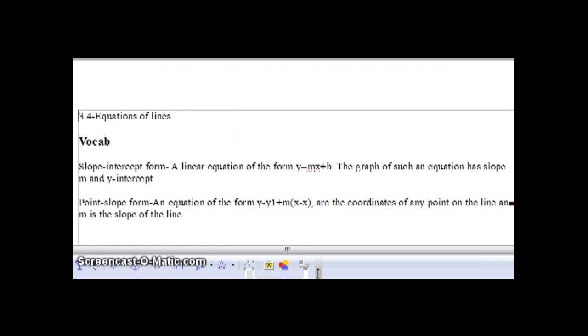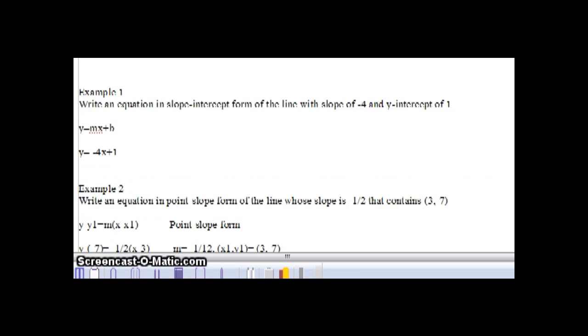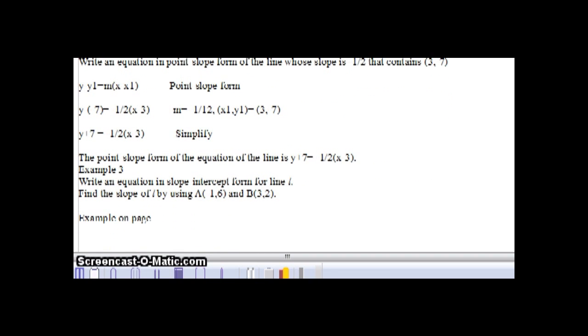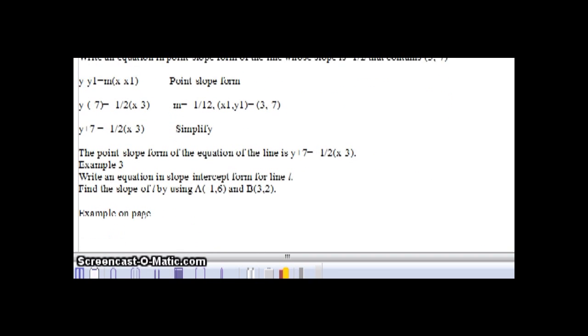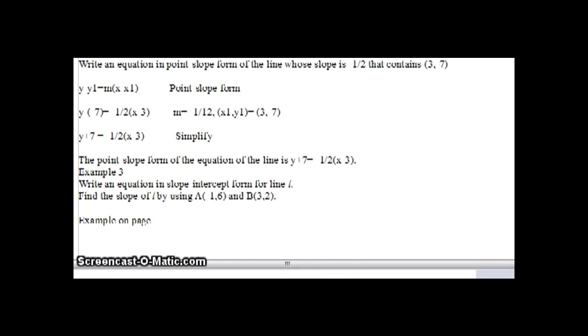Simplify: y plus 7 equals -1/2 times (x minus 3). The point-slope form of the equation of the line is y plus 7 equals -1/2 (x minus 3).